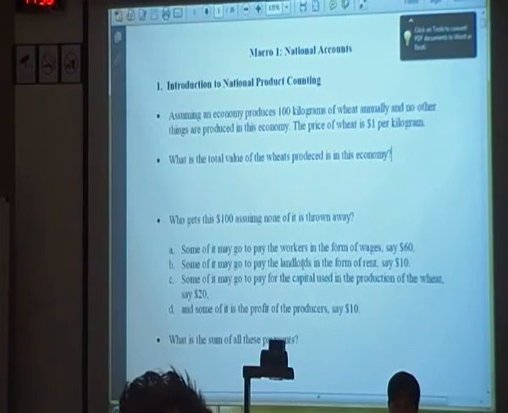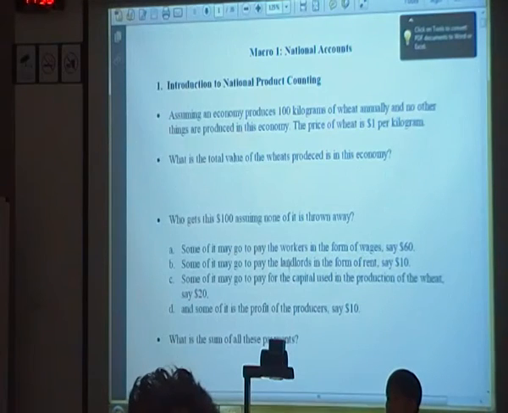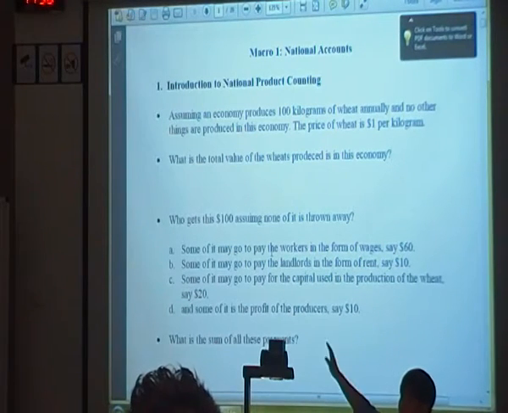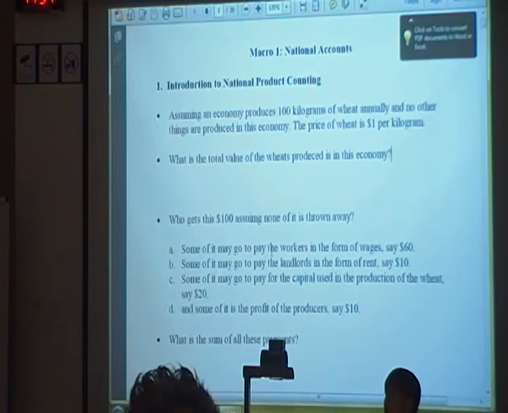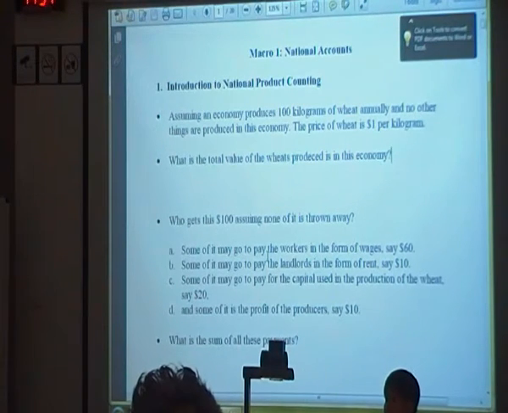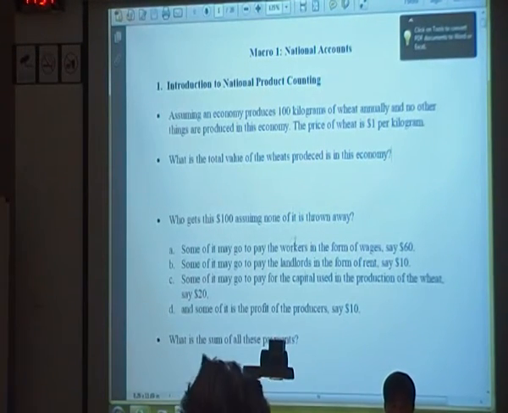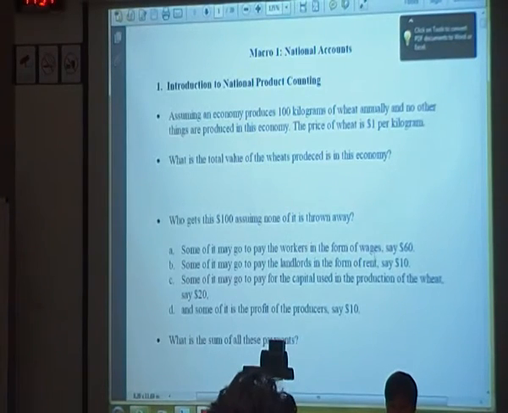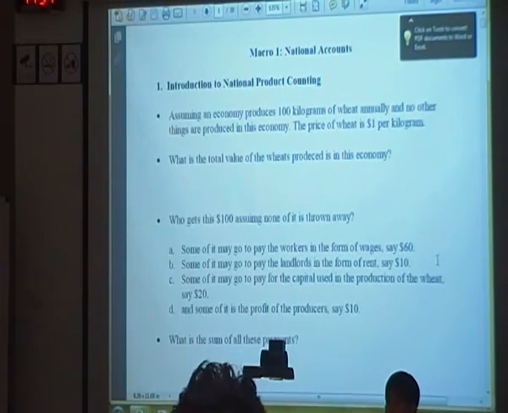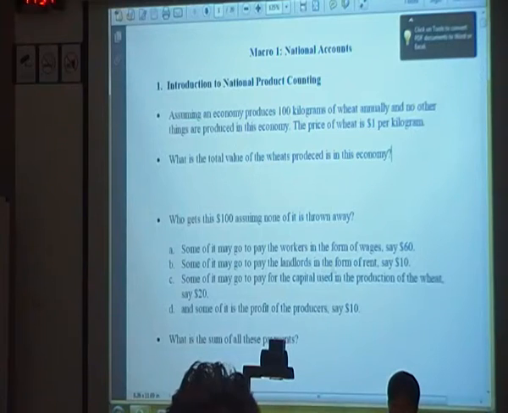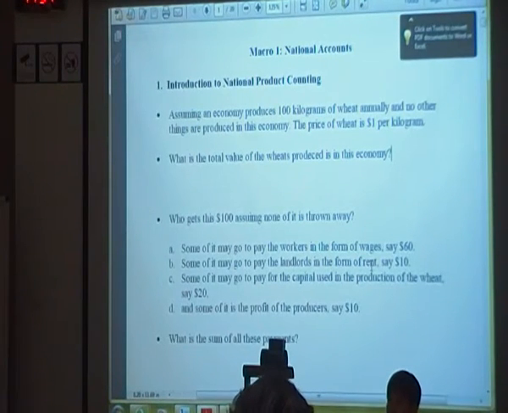But the question now is, when you get the money, $100, you sold away your goods, where does the money go to? Some of the money will go to the workers in the form of wages. Some of it will go to the landlord in the form of rent.